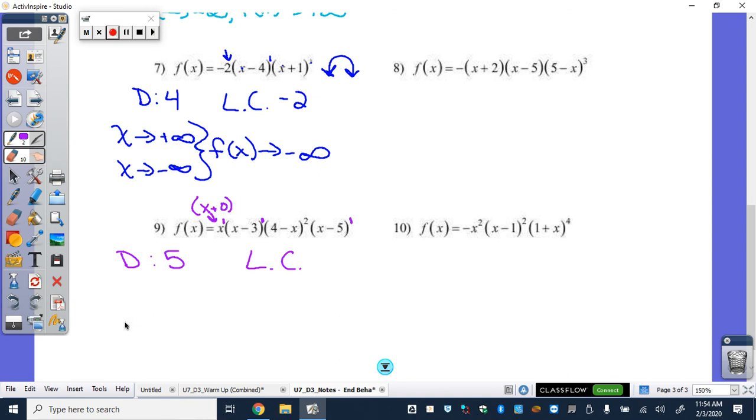So that exponent is still included. Our leading coefficient, positive times positive 1, would become positive 1, times another positive 1. Our leading coefficient would be positive 1. So odd degree, positive leading coefficient. The left side's down. The right side's up.